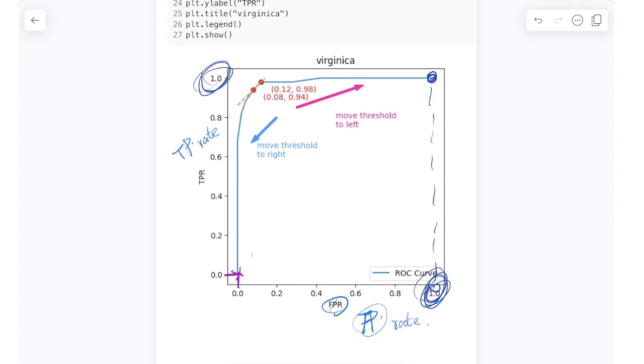And right here, this data point means you have no true positive rate and you have no false positive rate. That means you classify everything to pink.